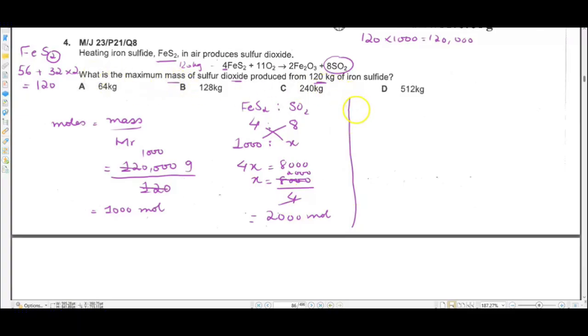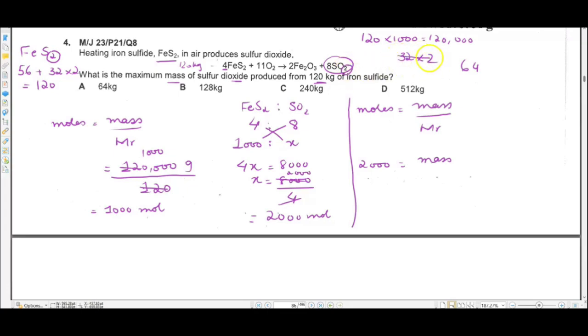We know our formula. Moles is equal to mass over MR. So moles are 2000. Mass we have to find, and for SO2 the MR is going to be 64, because sulfur is 32 and we have to multiply it with 2.